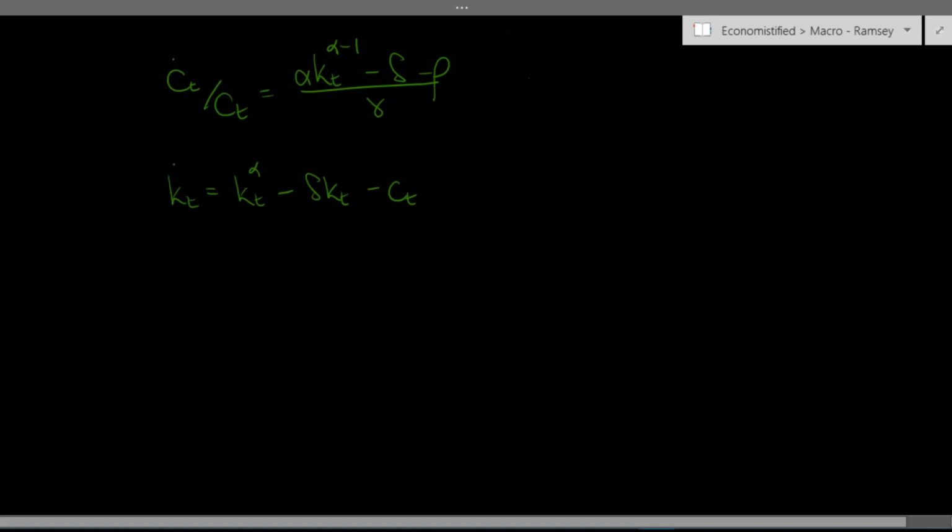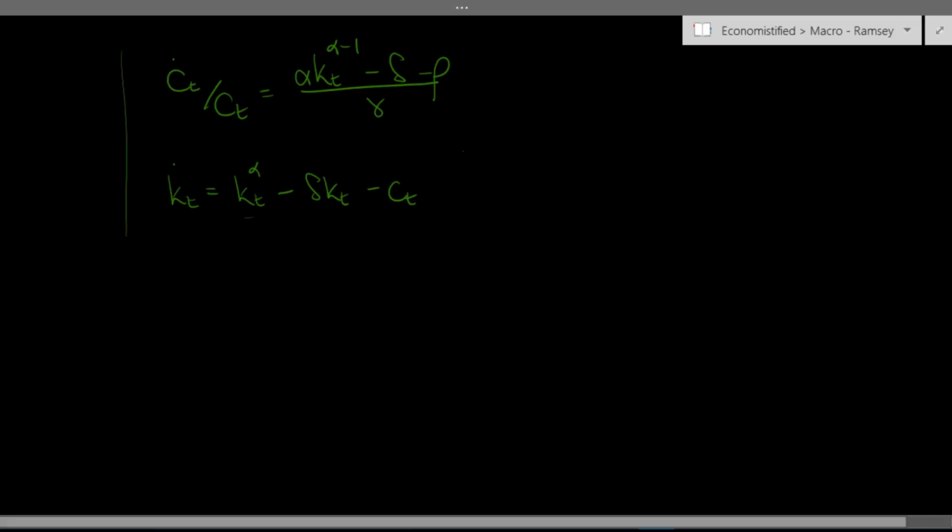So sometimes this is called the Keynes-Ramsey rule. And we have our resource constraint for the entire economy, which shows us how the capital stock evolves. And of course, if you rearrange this it just gives the goods market clearing condition that consumption plus investment, which is K dot plus delta K, is equal to output, which is just K to the alpha.